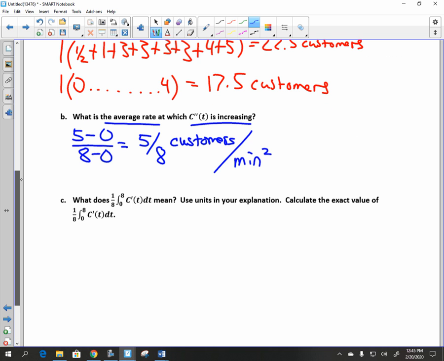Notice how similar these two questions are, right? They both make you think of average, right? But this means the average value of what? The average value of c prime of t.